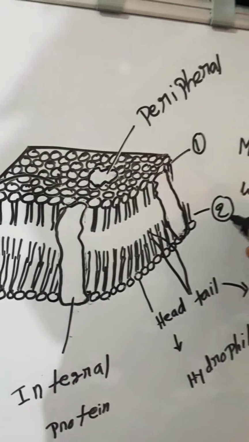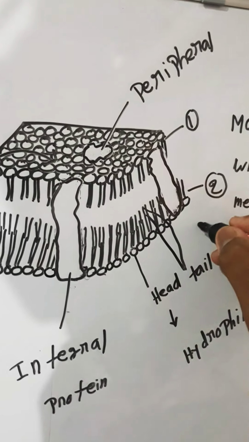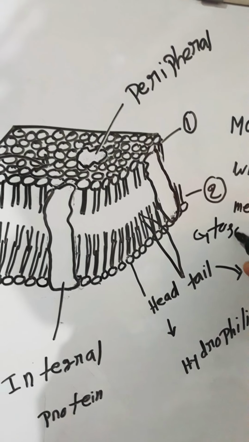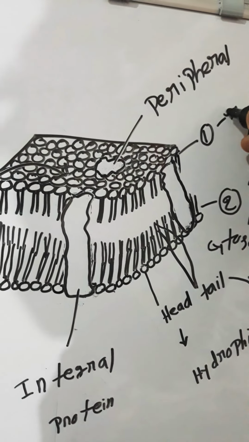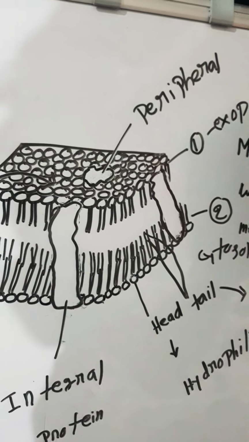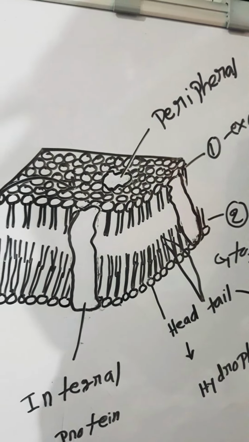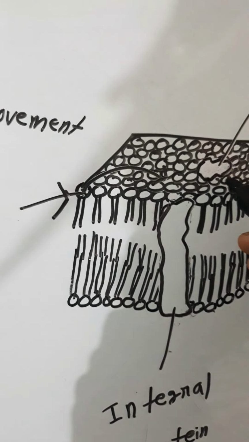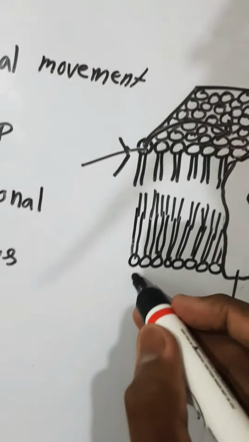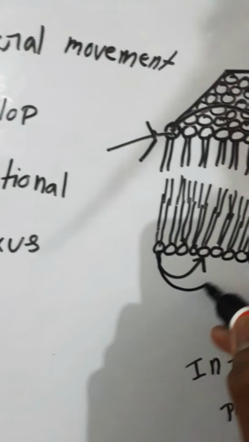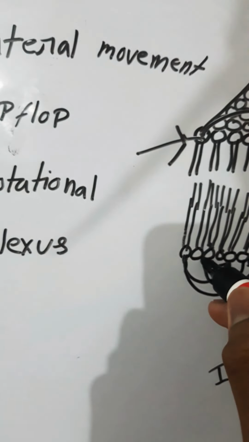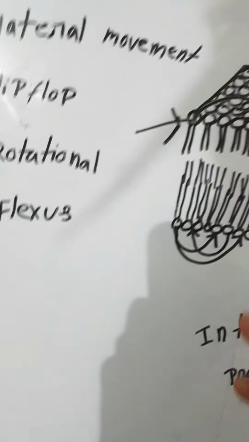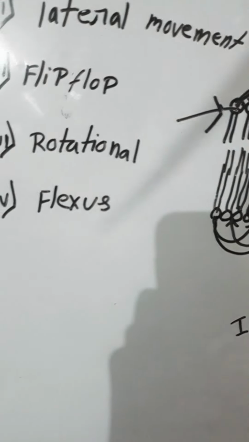This is called cytosolic, if it is a cytosol, and this one is the exoplasmic leaflet. So in case of lateral movement, these lipids may transfer to any position within its leaflet. Okay, for example, this lipid may transfer to here, or maybe to here, or this lipid to here. These kinds of movement are known as lateral movement of lipids.